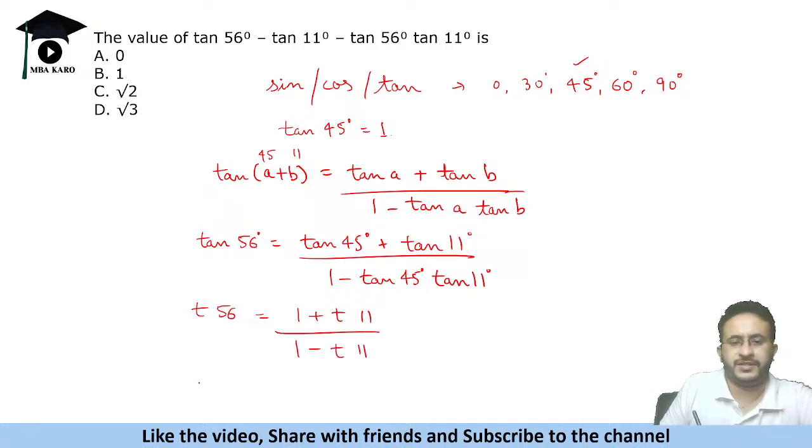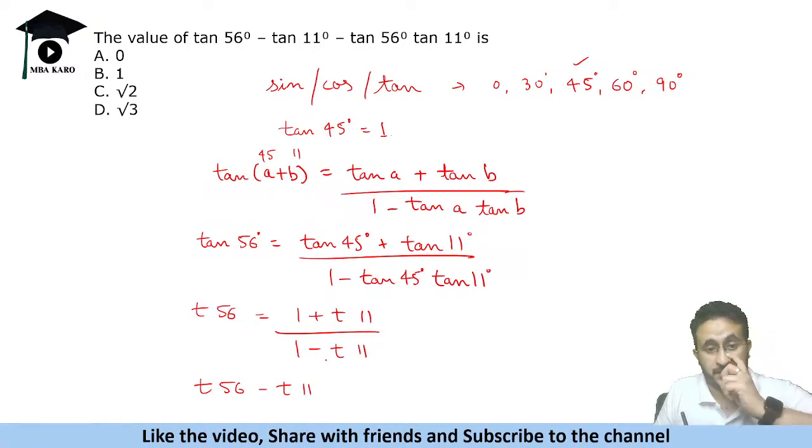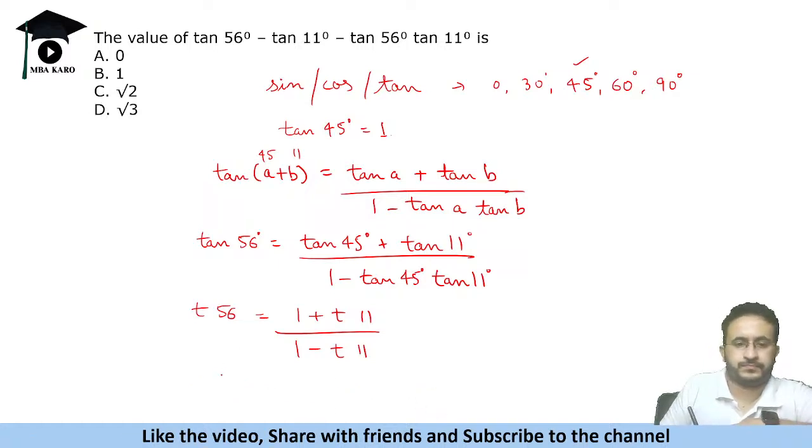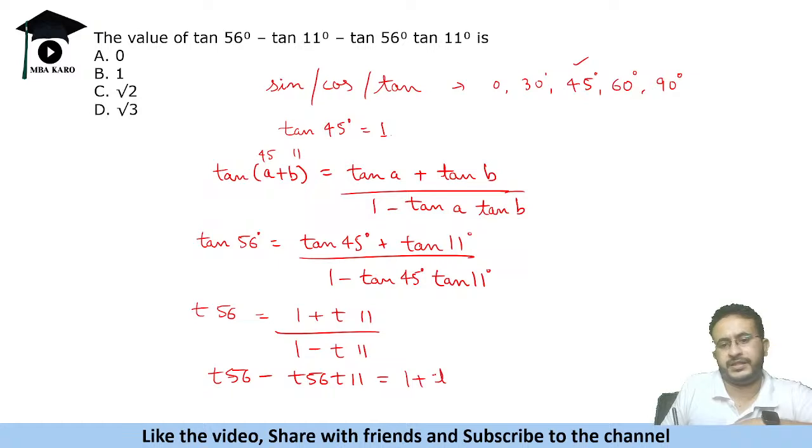So this means T56 minus T56 into T11 is equal to 1 plus T11.